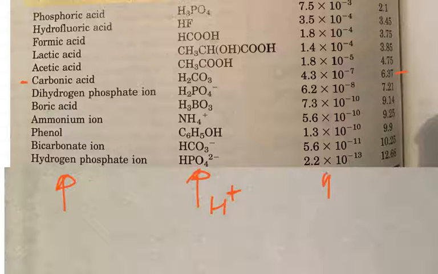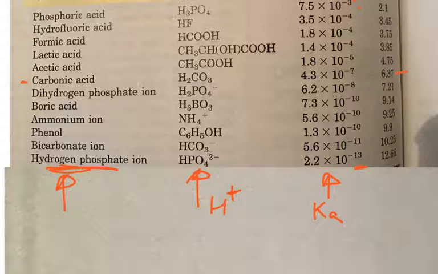These values here are called the Ka values, or the ionization constant for the acids. They're telling you to how much extent these acids will donate or release their protons. Now this 10 to the -13 is a very low number. So this hydrogen phosphate ion will not release a large amount of H plus compared to something like phosphoric acid, which is only 10 to the -3.